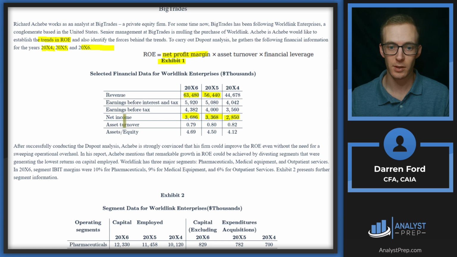Asset turnover is given, so we'll just plug that number in. And then assets over equity will be our financial leverage, so that's also given. So we pretty much just need to figure out the net profit margin for each year and then multiply that by the asset turnover and financial leverage for each year, and then figure out the trend.